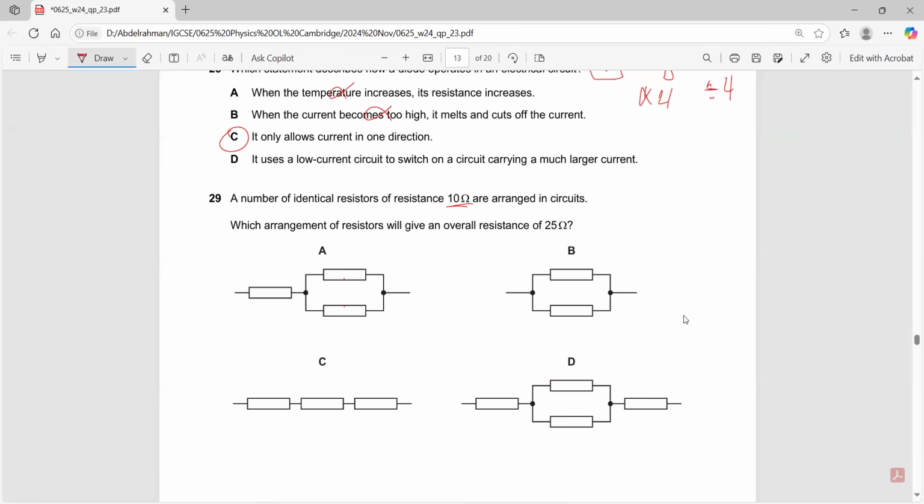Meaning 10 and 10, these two resistors would be 5. So you have 5 and 10, 15. No, this is wrong. 10 and 10 and 10, the total is 30. This is wrong. 5, 10, and 10, so the total is 25. Yes. If you want, you can solve it using product over sum, which would take a much longer time. You can just do it quite quickly if you have two equal resistors.